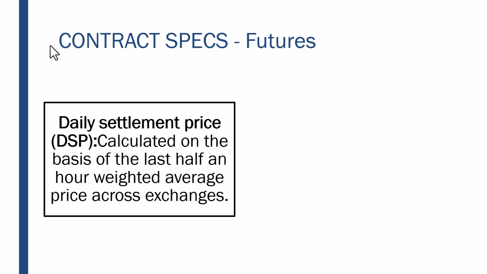For the monthly settlement, it will be the RBI closing price. A lot of people take positions only in the last half an hour, so just to bring sanity, they take the average price of the last half an hour.